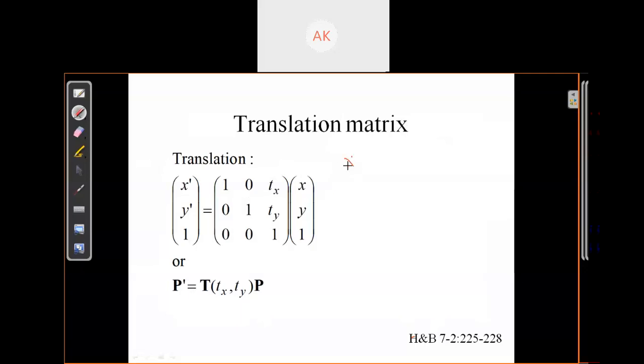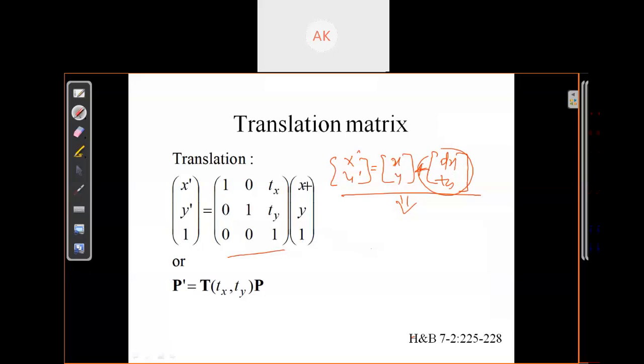Before homogeneous coordinates, we were writing the equation of translation as x, y plus tx, ty. This is the way we were following. Here tx, ty is the additive term. Now we have changed this form into multiplicative terms. Now the equation is this, and when we calculate this, you will get this.